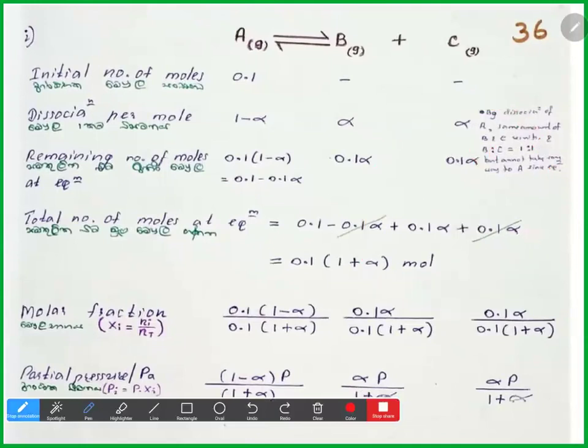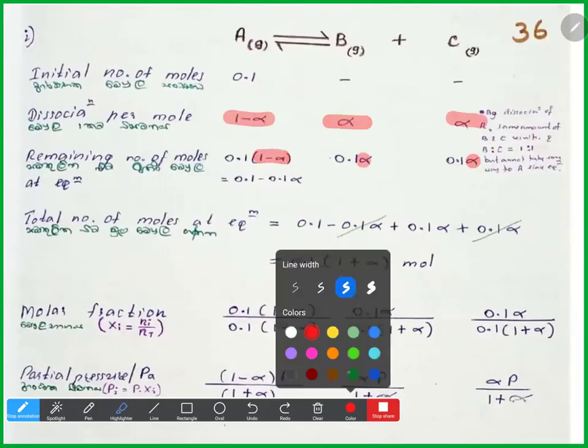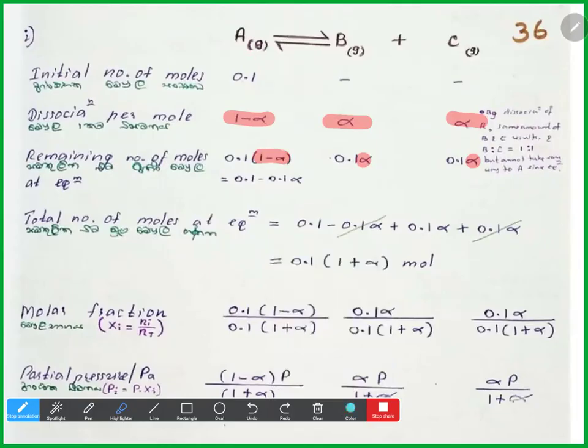We need calculations. So the initial is 0.1 moles. Let's say alpha is dissociating, so the remaining per mole becomes 1 minus alpha. So this is per mole: alpha, alpha, and 1 minus alpha. But we don't have 1 mole. Let's say we have 2 moles, so we multiply by 2. With 5 moles, we multiply by 5.